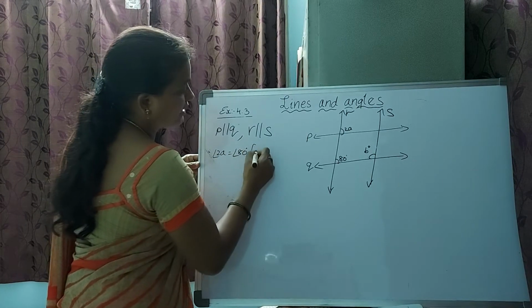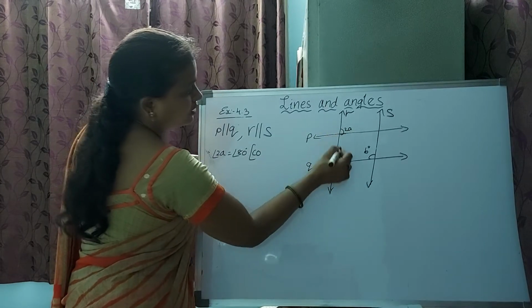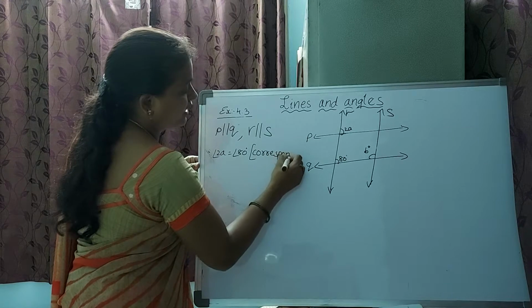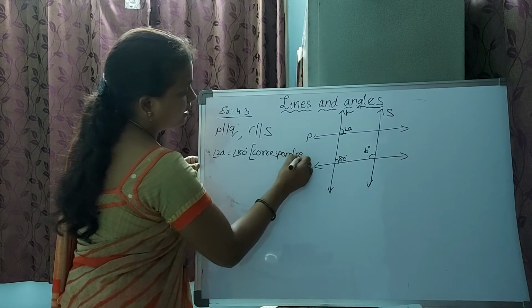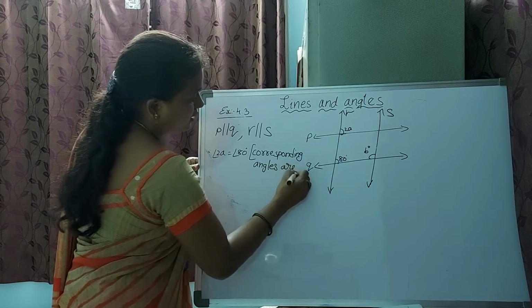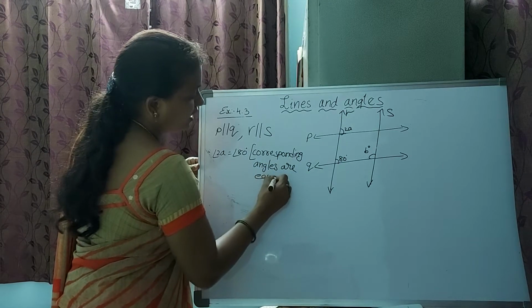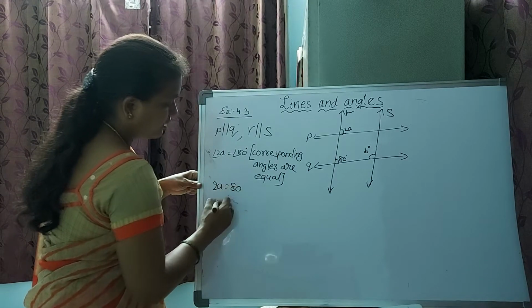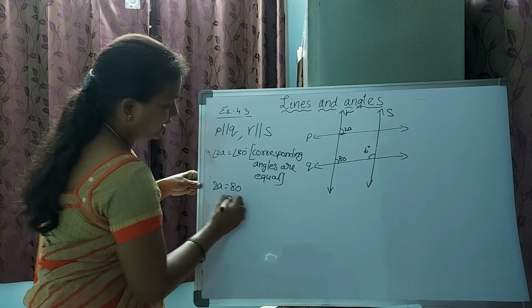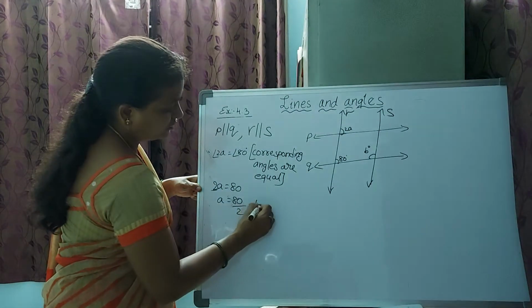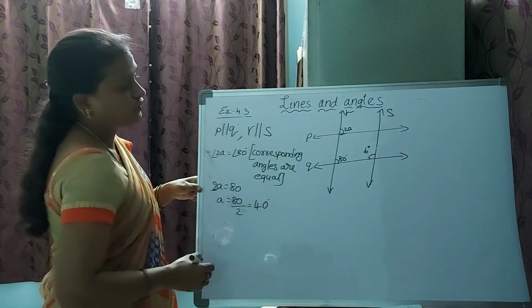Why are these two angles equal? Because corresponding angles are equal. So 2A is equal to 80. What about A? Here 2 is multiplying, so if you transpose it, it becomes division, so 40 degrees. A is equal to 40.